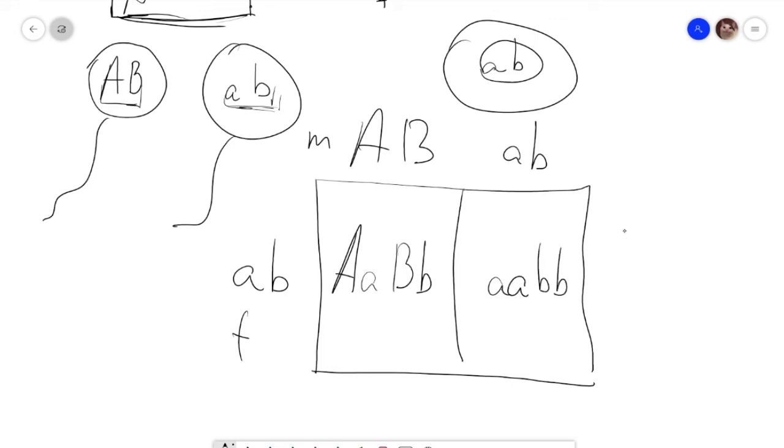This is 50% to 50% in the F2 generation, because these genes are linked between them.